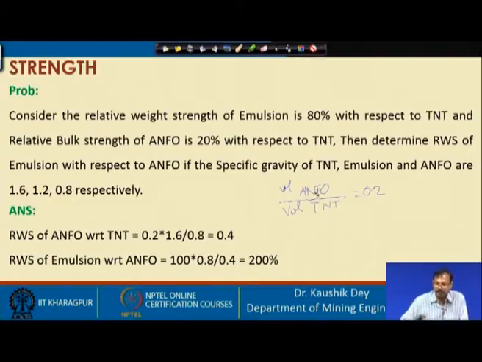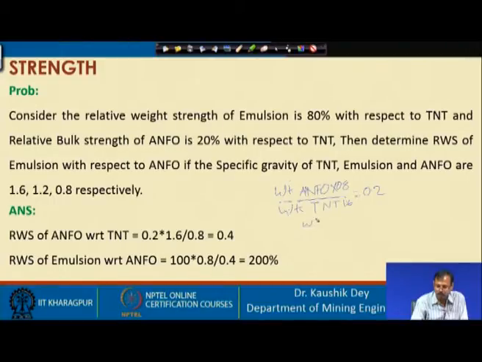Now, let us convert this volume to weight. Then we multiply with the specific gravity. If we erase the volume and make it weight, then this should be multiplied with the density, that is 0.8, and this should be multiplied with the density, that is 1.6.